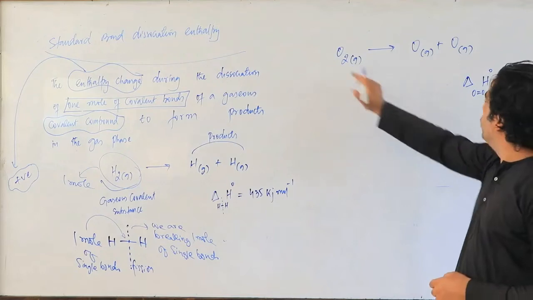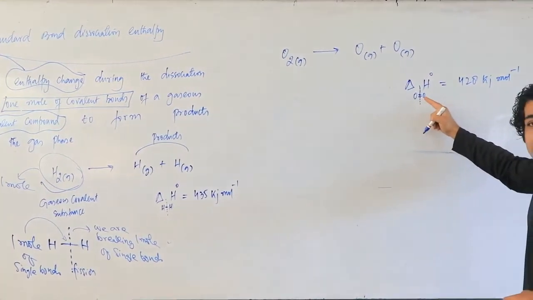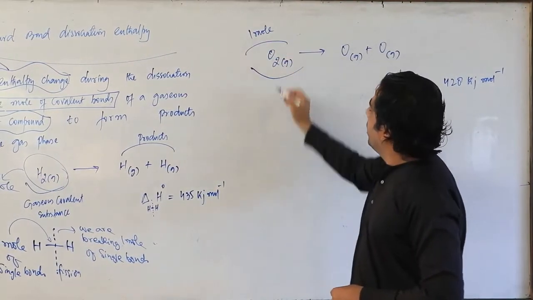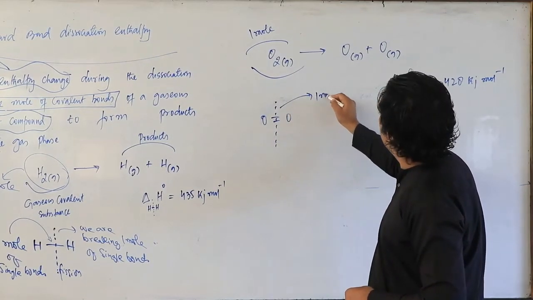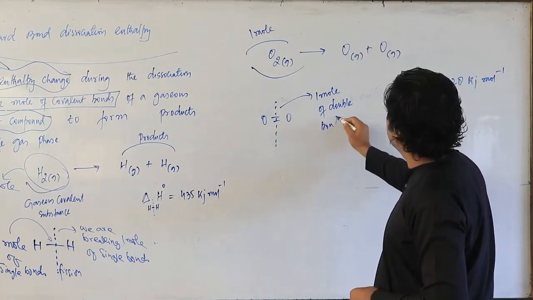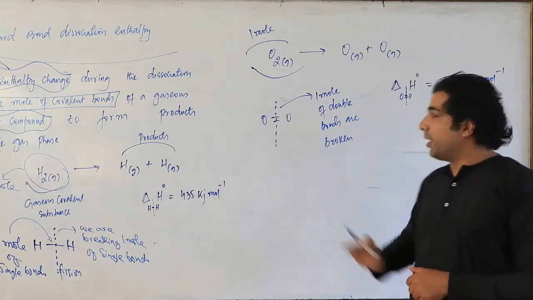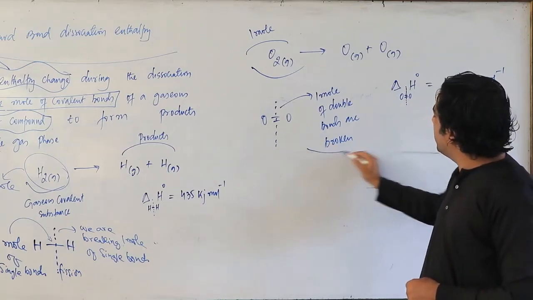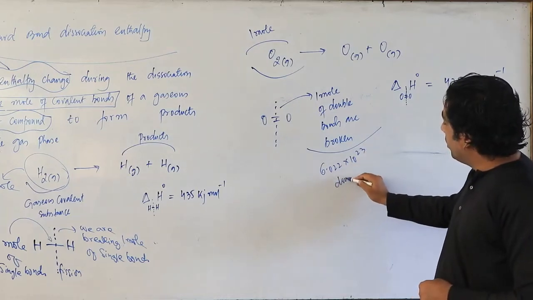Now look here in O2. You can see here you have to break 1 mole of double bonds. Let us suppose this is our 1 mole, and in 1 mole we will have these bonds. So we are breaking 1 mole of double bonds, my dear friends. During the breaking of 1 mole of double bonds, you are breaking 6.022 into 10 raised power 23 double bonds.